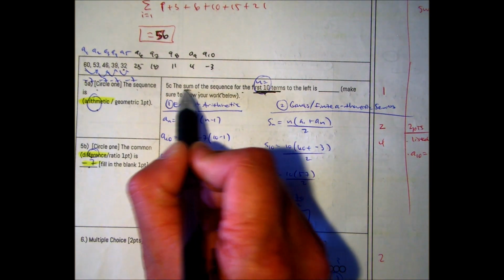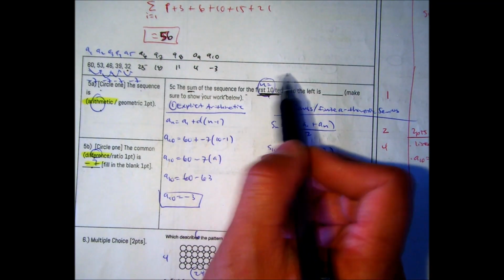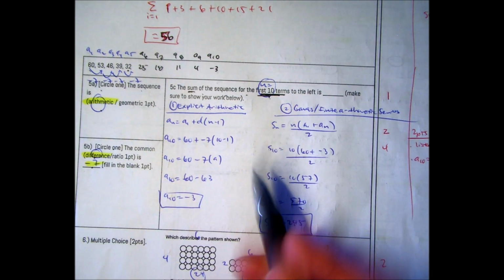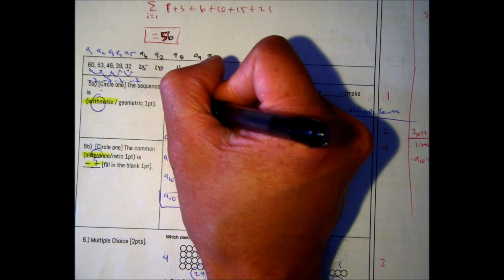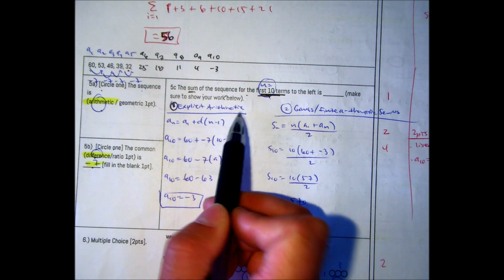But here, I could make the numbers a lot bigger. I can say, find the 30th number on the list, and it'll probably be too long of a list. So here, what I did is I used 2 formulas. I used the explicit arithmetic formula because this helps me find just one specific term.